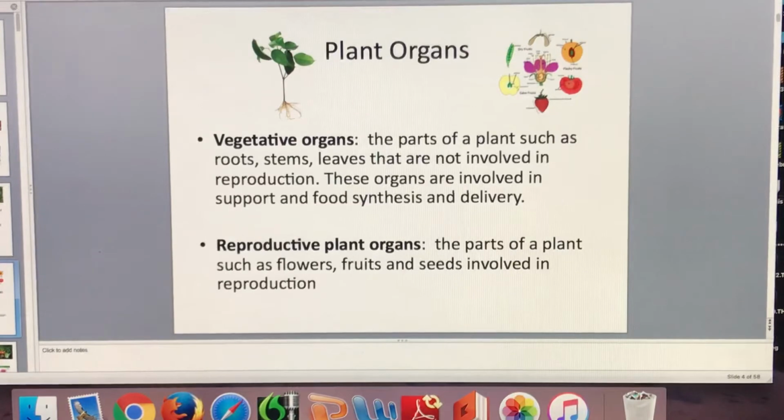They are not involved in reproduction, and they are involved, however, in supporting the plant, synthesizing food, and delivering the food to different parts of the plant. Then another part of the plant, the reproductive organs, includes things like flowers, fruits, and seeds that are involved with reproduction.